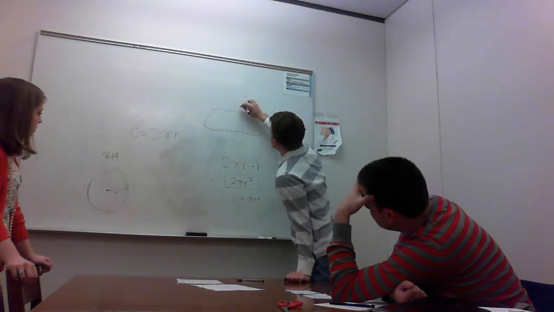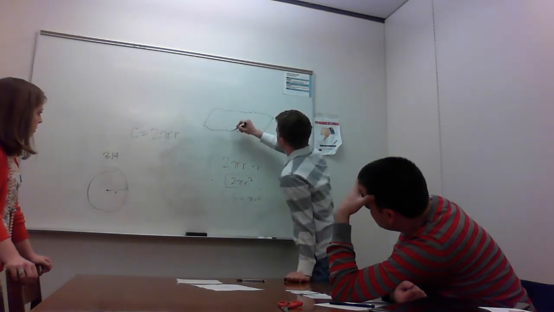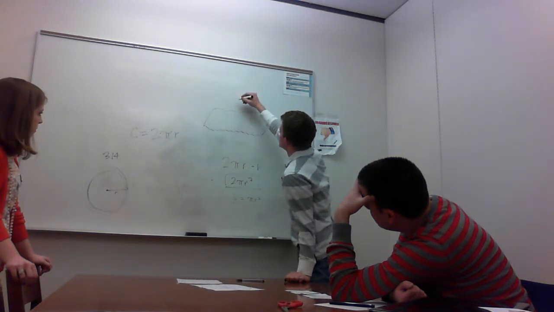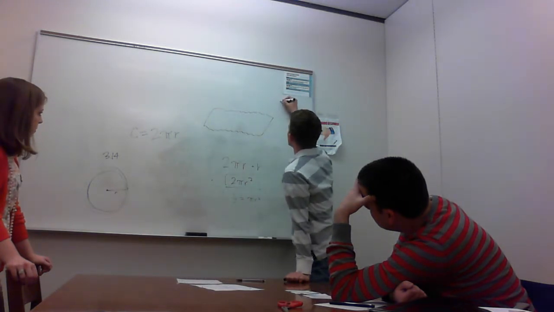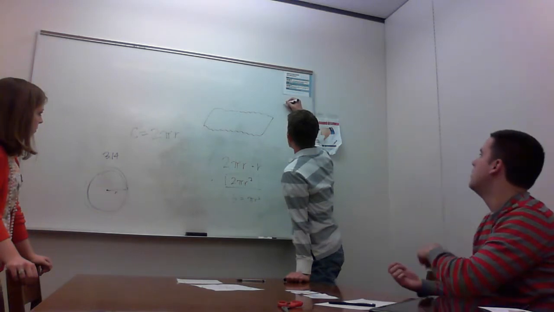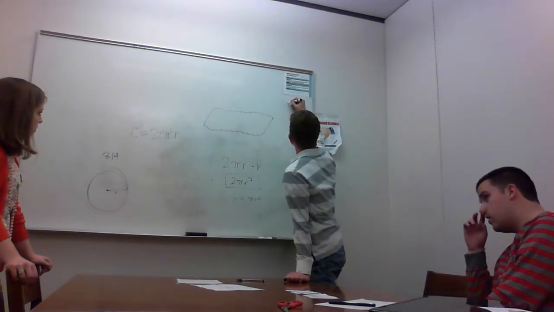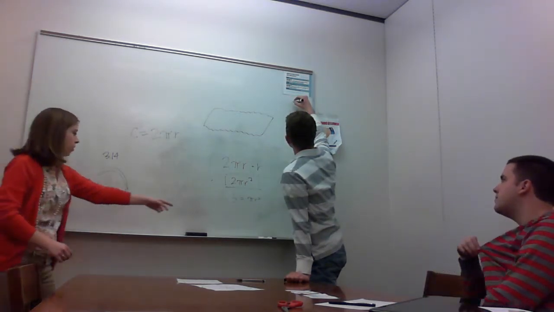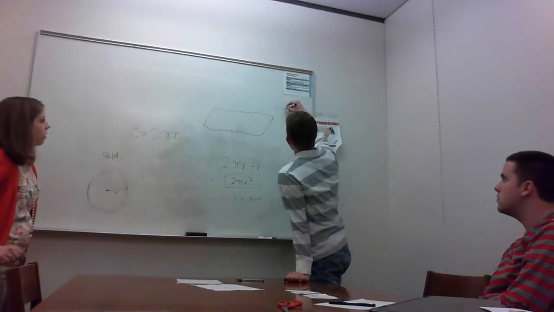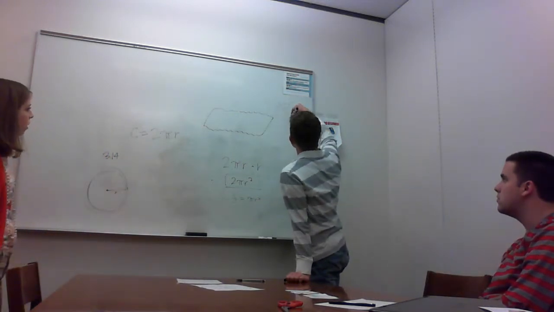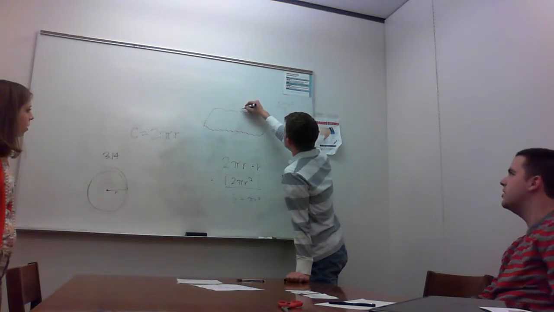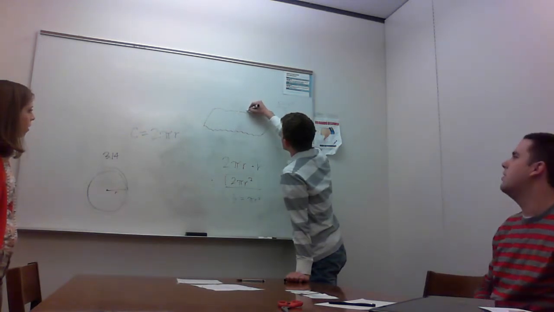Since all this is the circumference, this and this and this combined, you're going to take half of that. Half of 2 pi r, the 2's will cancel, so it's just pi r. One side will be pi r, and the other side's pi r.